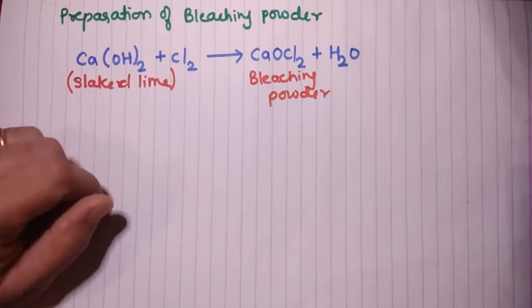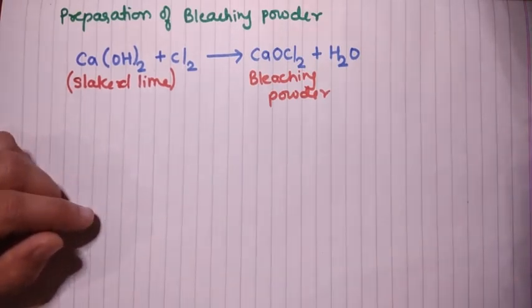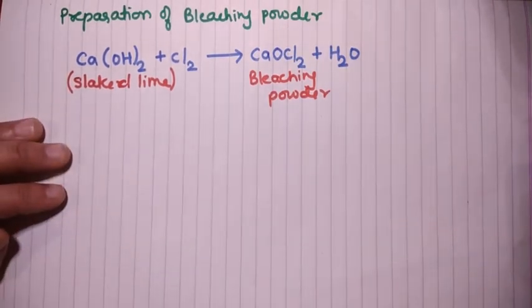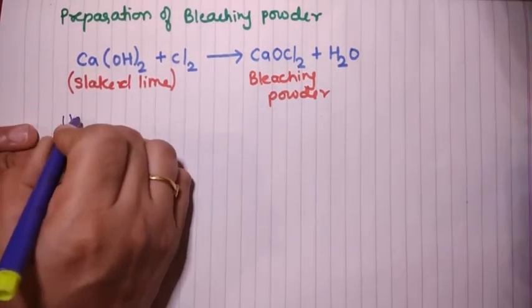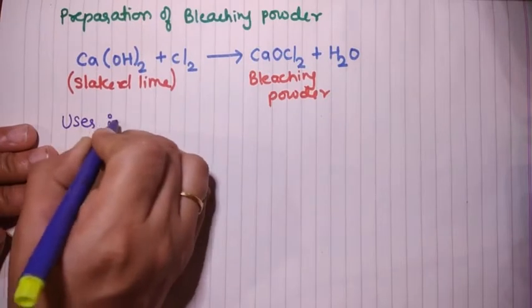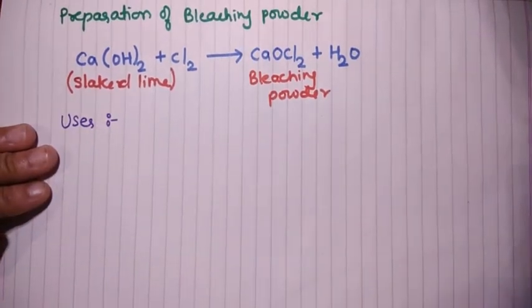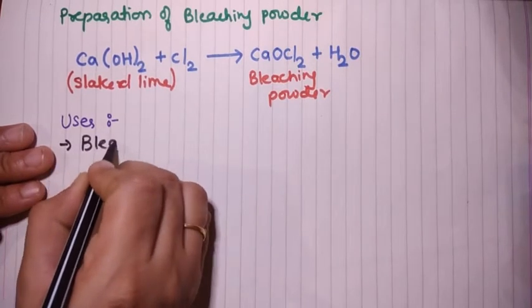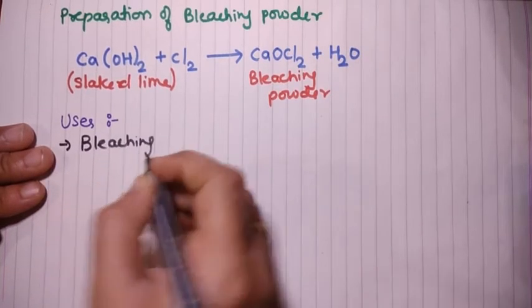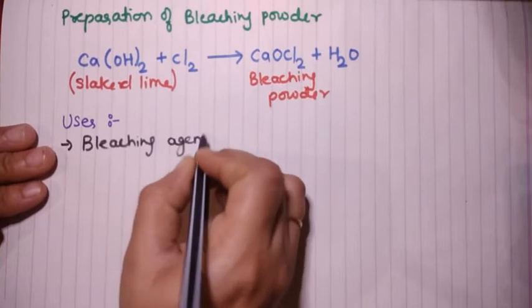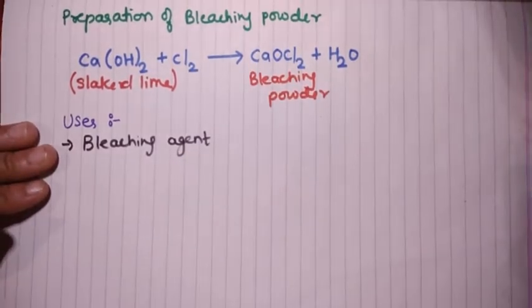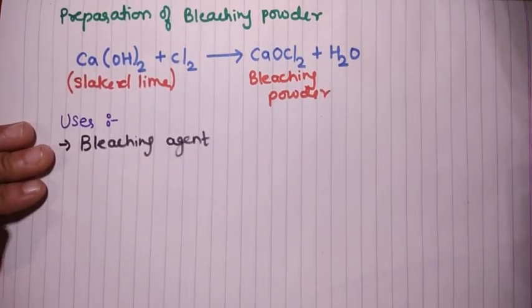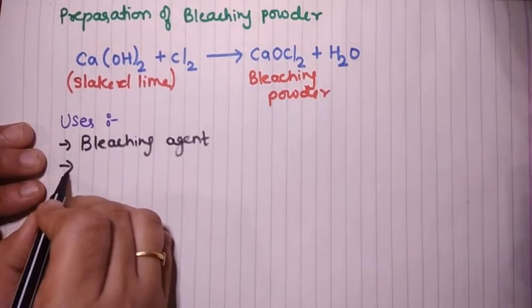Now let's discuss some uses of bleaching powder. The first one is it is used as a bleaching agent for cotton and linen in textile industries.